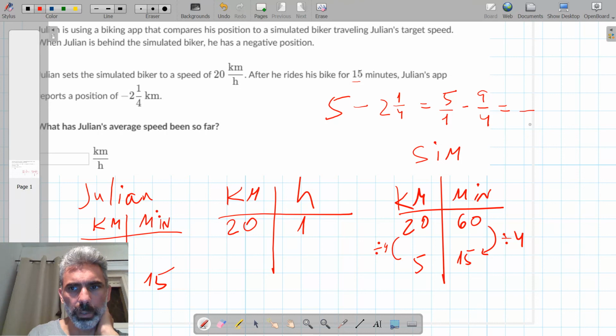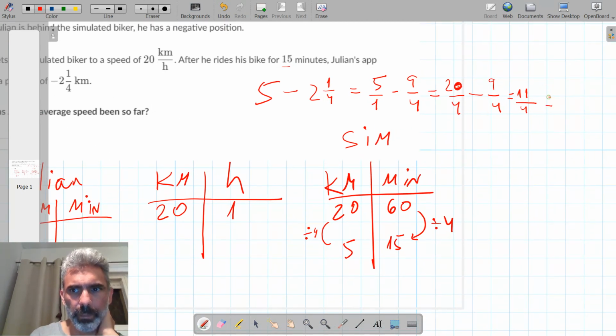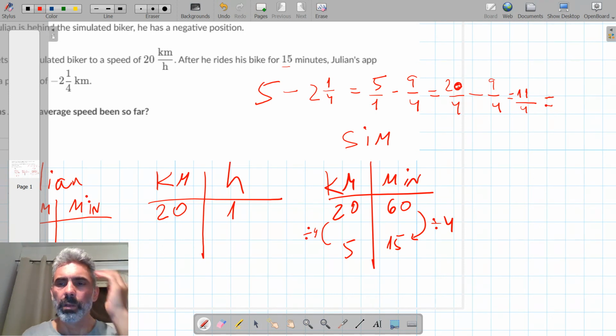So 5/1: to go from 1 to 4, we multiply by 4, so this is 20/4 minus 9/4, so this is 11/4, which is 2 and 3/4, right?